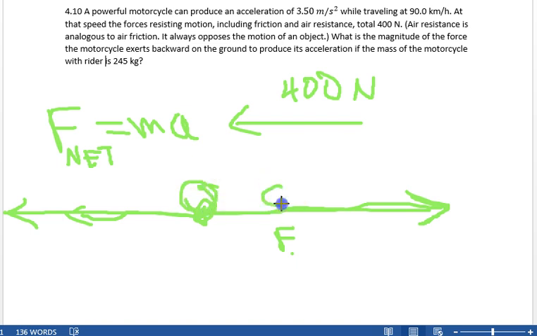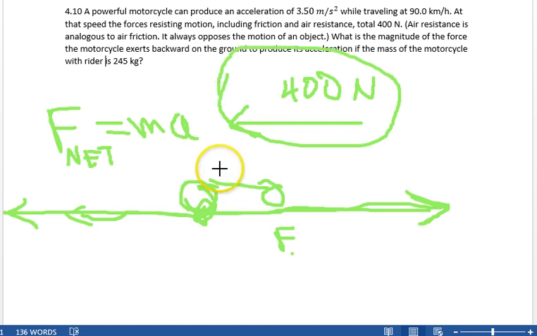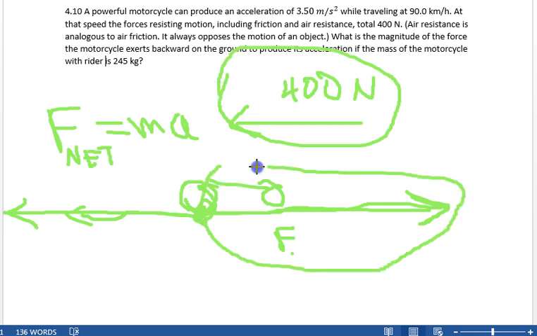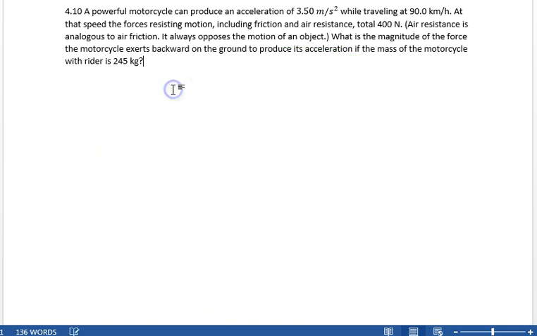If we draw the wheel here, the force the motorcycle exerts on the ground is equal and opposite to the force the ground exerts on the motorcycle. So the net external force, there's the 400 newtons of friction, and then there's the force the ground exerts on the motorcycle. These are in opposite directions.